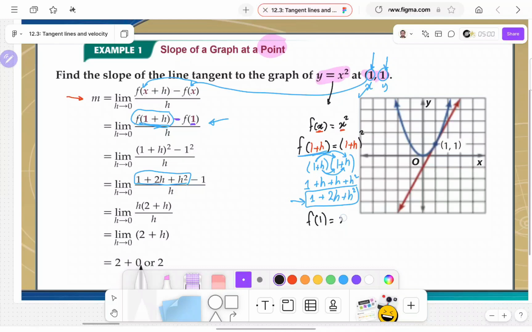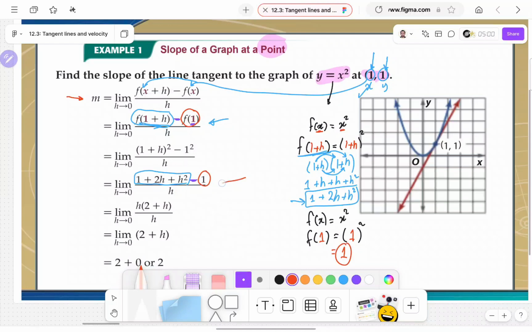You know that f of x is equal to x squared, but now if I write f of 1, I need to replace x with 1. So it will be 1 squared, and 1 squared is equal to 1. So we write this instead of f of 1. It will be minus 1.